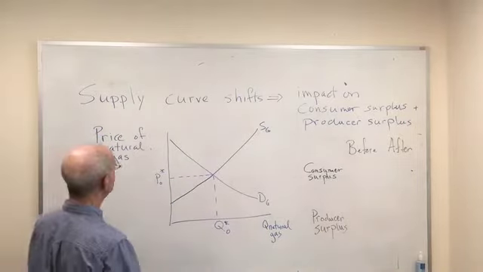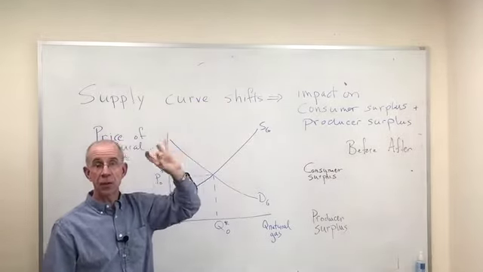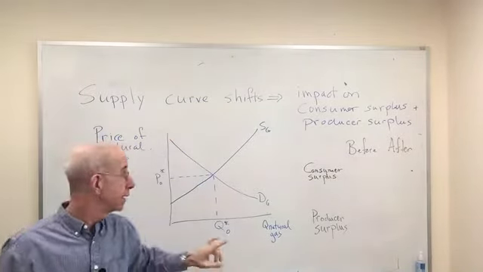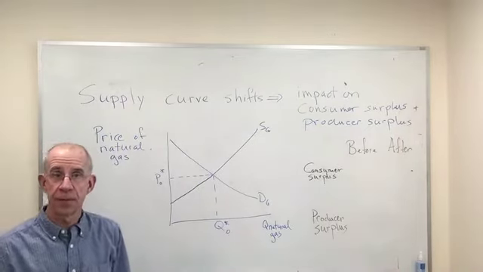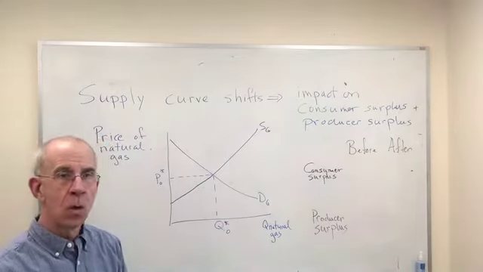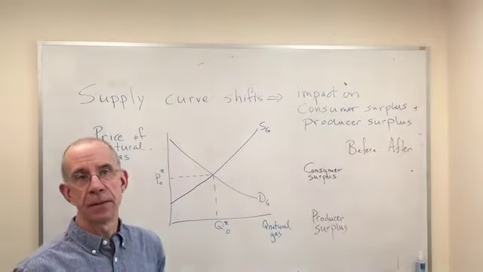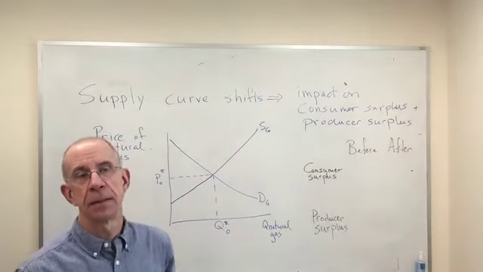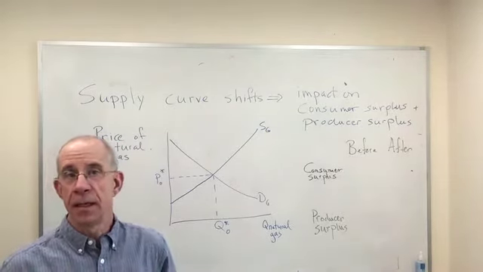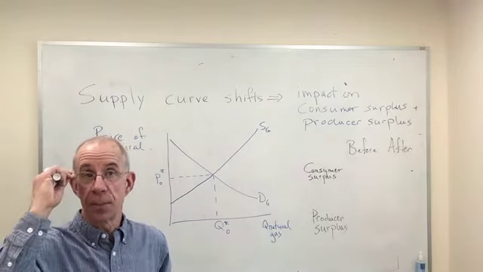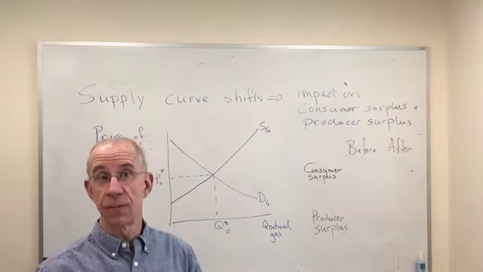So I want to talk about this in the context of a particular example of a supply curve shift in the market for natural gas in the United States. One of the things that has happened in the early part of the 21st century is an increase in the production of natural gas in the United States as a consequence of fracking.